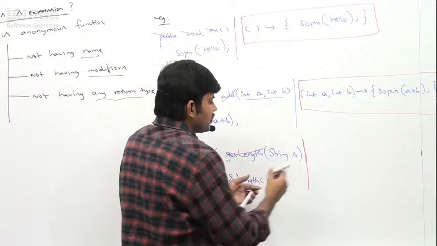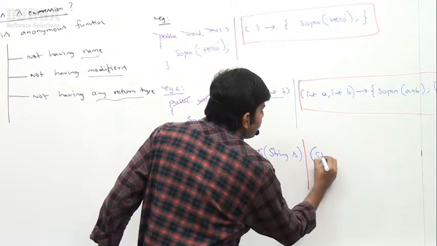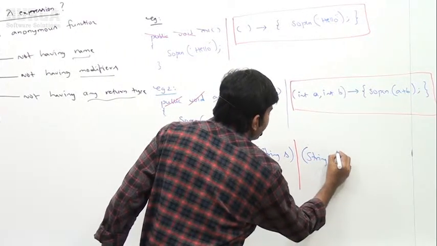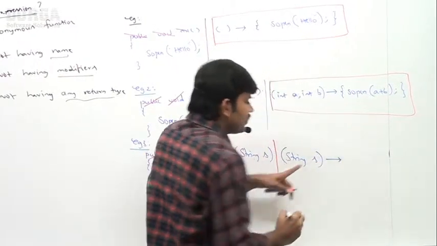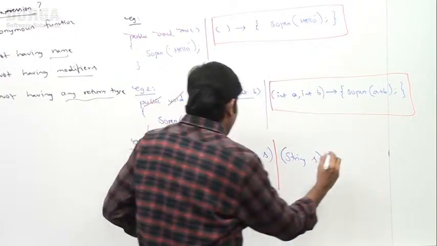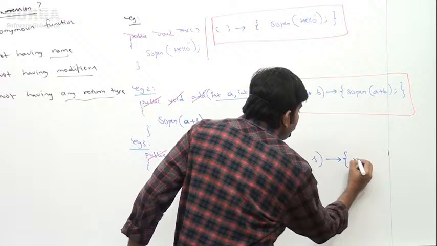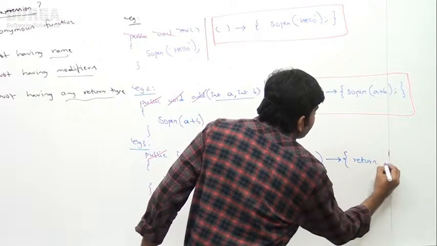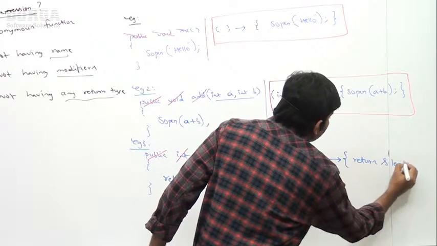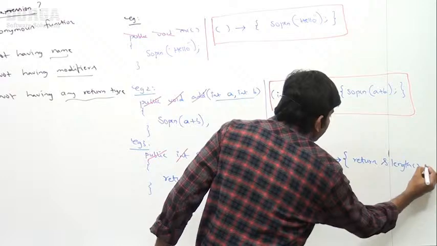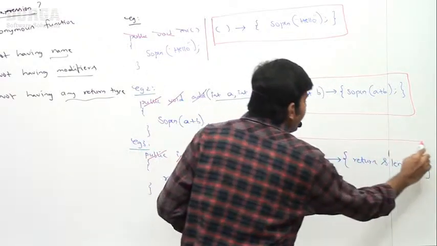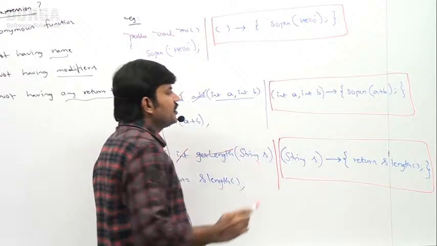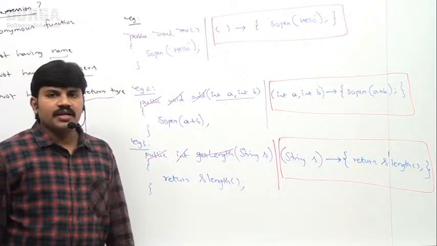Just String s. Now the arrow symbol, because it's the symbol of lambda expression. Next, curly brace open, return s.length, that's all.